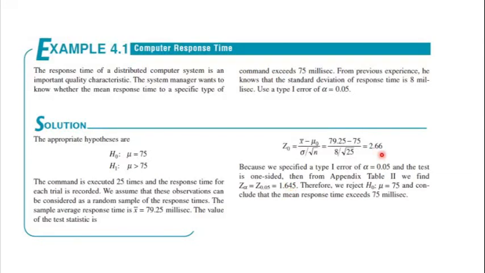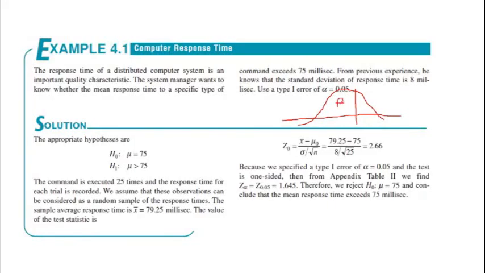So, therefore, i-reject natin si H sub 0, which is yung mean natin. Kasi yung graph niya, let's say ito yung graph again natin. Ito yung graph. So kung nandirito si 1.645, ito yung rejection region, ito yung acceptance region natin.